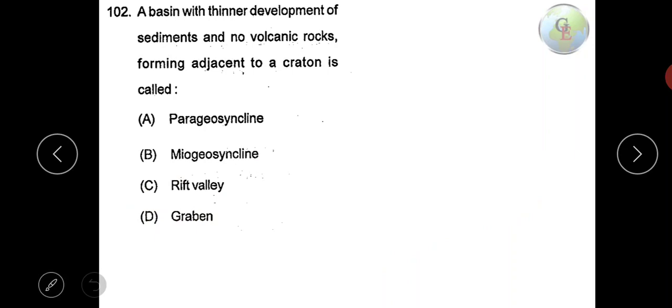Geosynclines are developed along continental margins and are composed of sediments with limestones and shales. Parageosynclines are located within a craton, and these are less active. Parageosynclines can be divided into three successive types: exogeosyncline, miogeosyncline, and autogeosyncline. I am not going into much detail about these geosynclines.